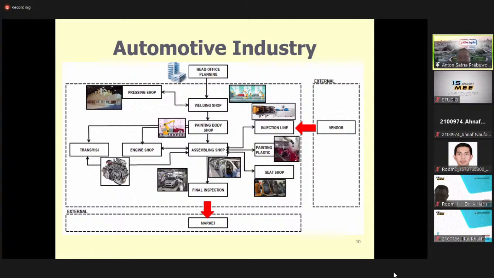In this part, they perform the assembly process from small parts up to the engine and glass, all things to be assembled in this area. And then there is an engine shop, transmission, and also injection line, and then the painting process, and then the final inspection before distributing to the market. So this is the whole process of the automotive industries.